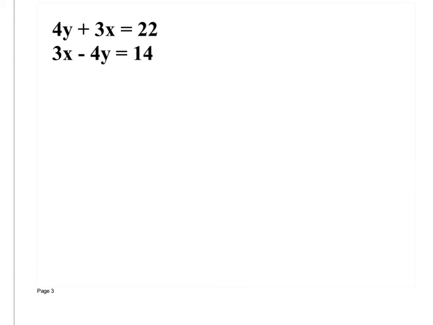My first step is to get the variables lined up to where I can add or subtract. In this case, are they lined up here? No, so I need to rearrange them. I'm going to flip the top one. I'm going to make 3x first, 4y next. And then I have that.